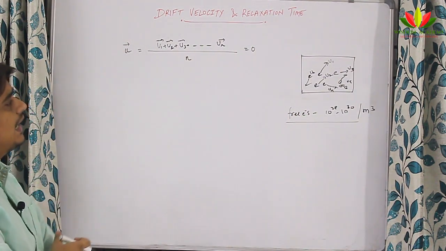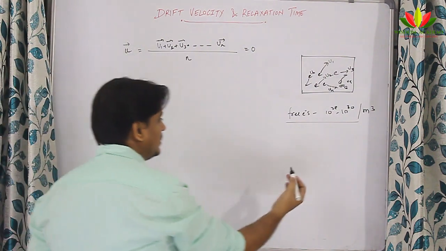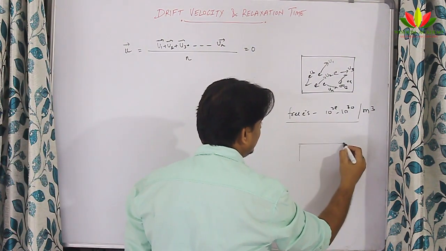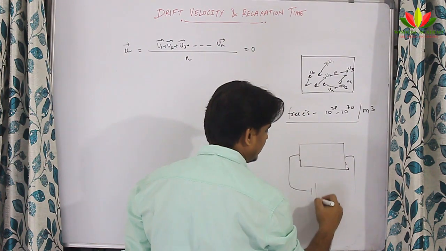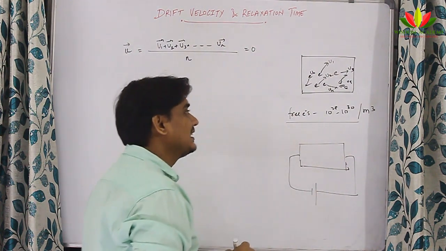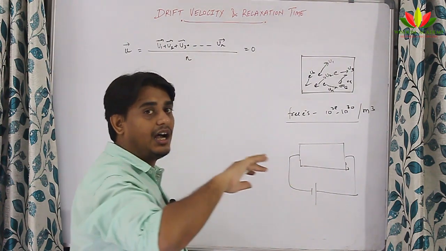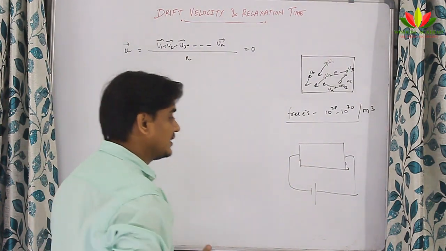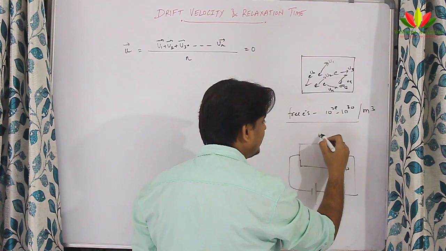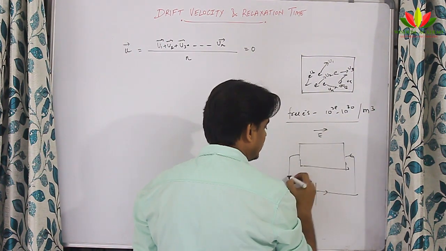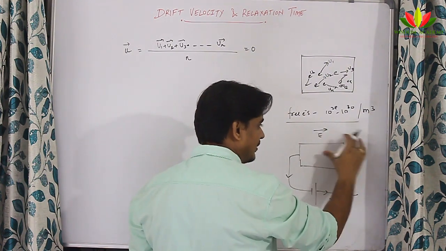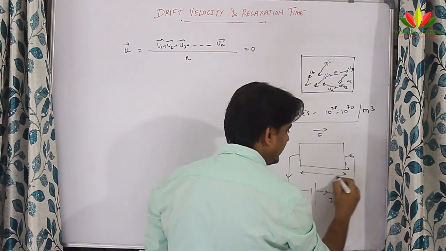Now what I do is apply some electric field to it, by connecting some EMF. Then what happens? These electrons drift in a particular direction based upon the electric field. Suppose this is the electric field, and this is the direction of current movement. Suppose this is the length of the conductor.